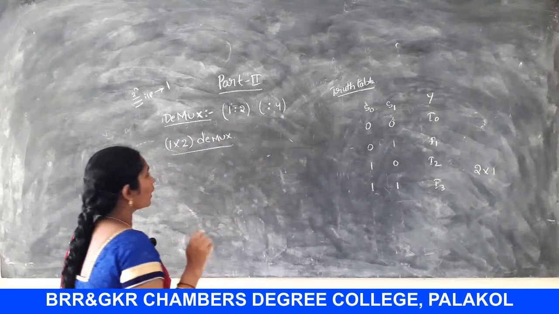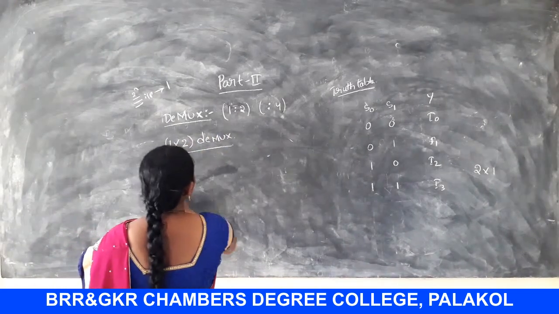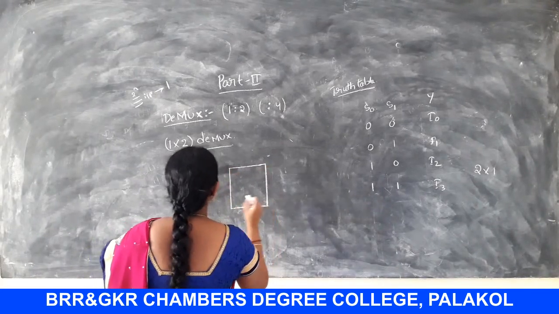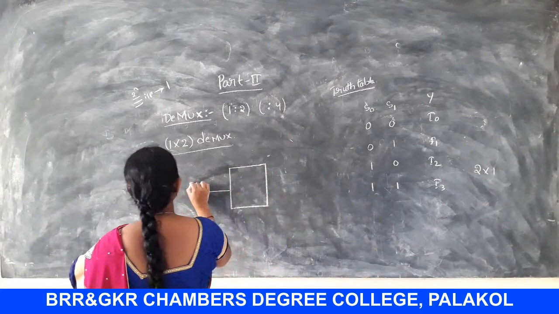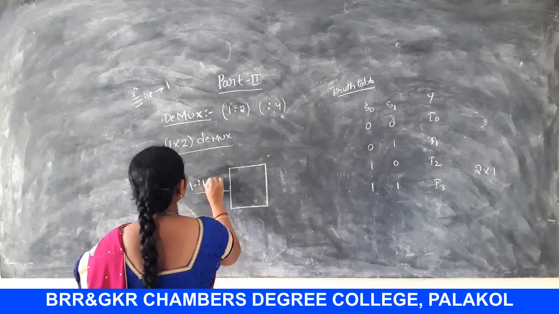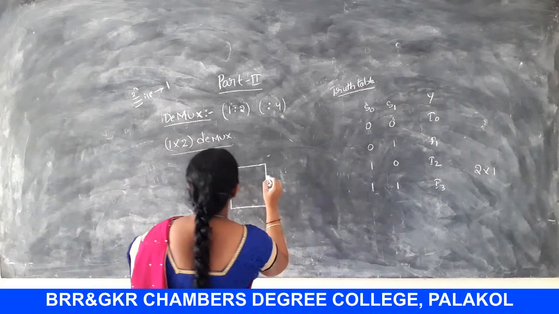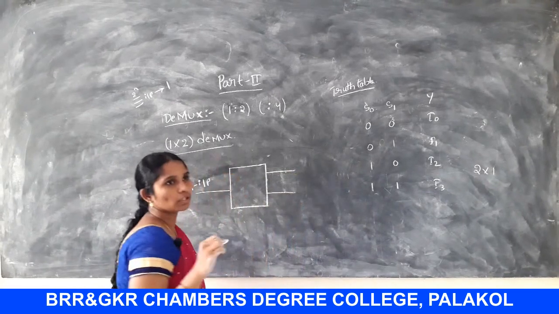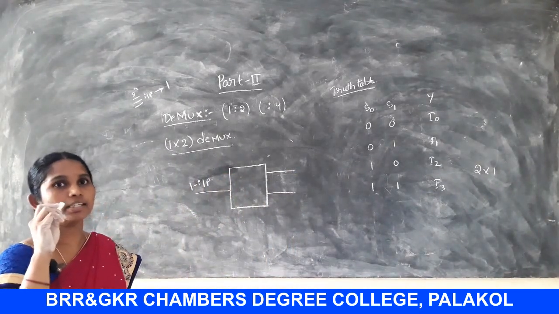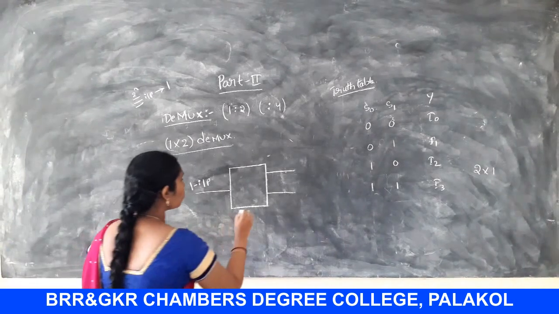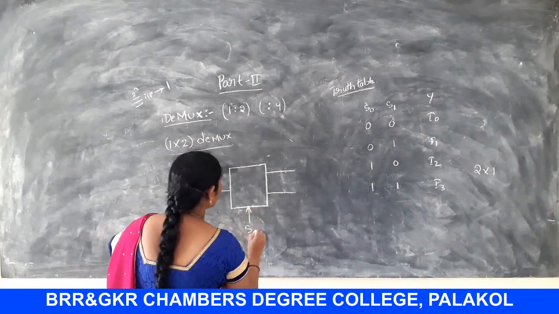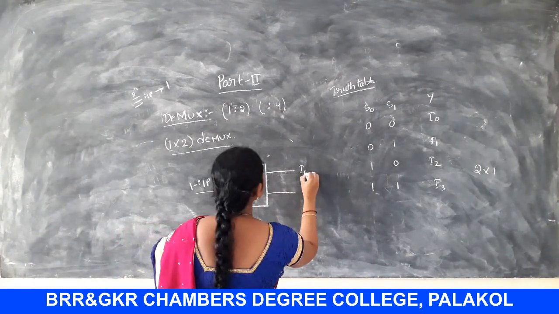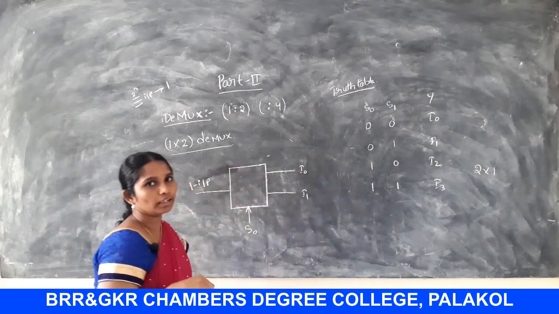The block diagram of this demultiplexer is 1 cross 2, that is, it applies one input and produces 2 outputs. 2 is written in powers, that is 2 power 1, and it has only one selection line, that selection line is S0. The outputs are I0 and I1 here.